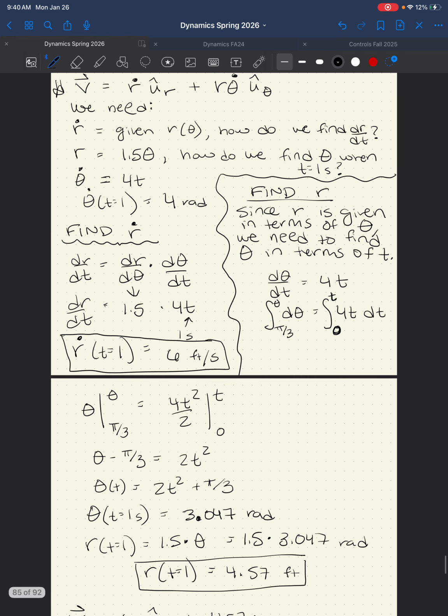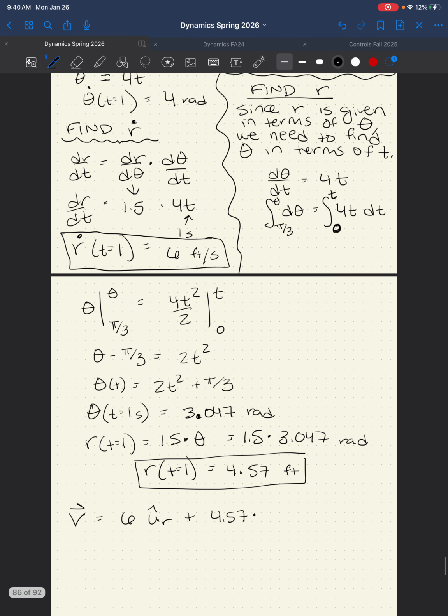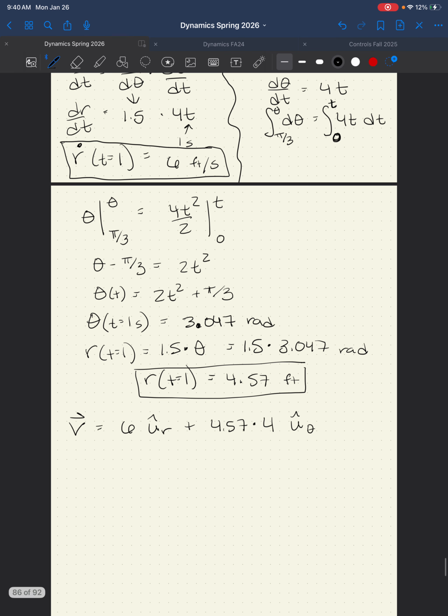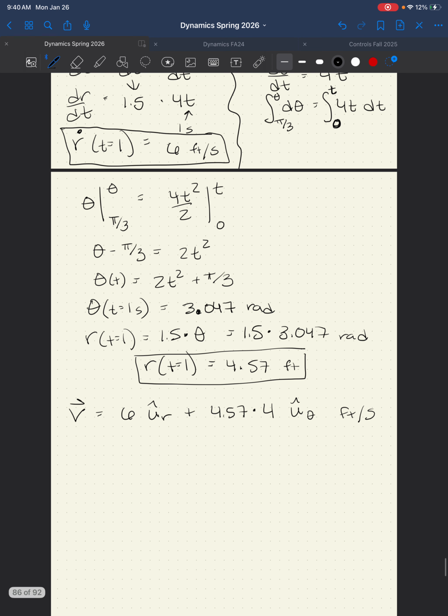Theta dot is 4. So u hat theta, and this will be in feet per second. And this reduces down to 6 u hat r plus 18.28 u hat theta feet per second.